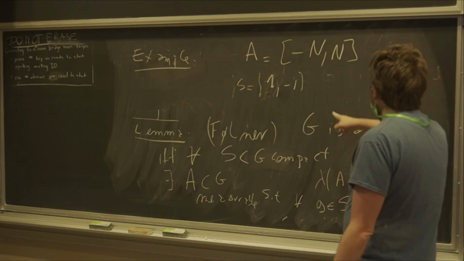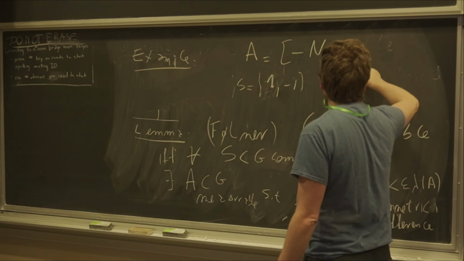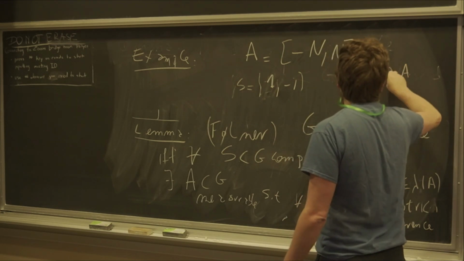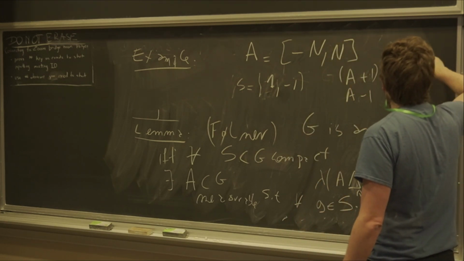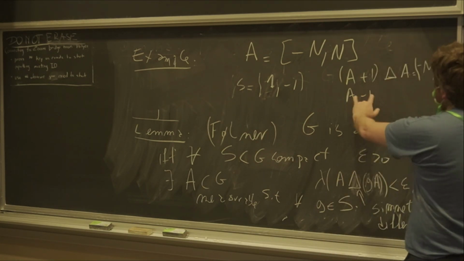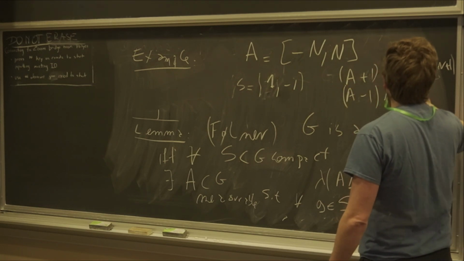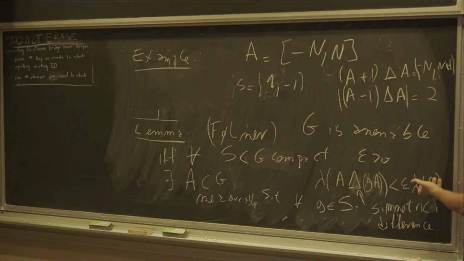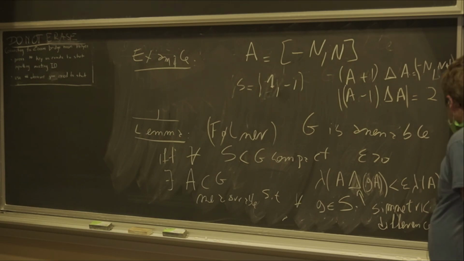And then when you are doing A plus 1 or A minus 1, when you do symmetric difference with A, you are just forgetting the minus n probably, and adding the n plus 1. And here this guy also will have 2 points, and then really you are very small with respect to the total guy. And as I said, certainly you need the lambda of A there. If not, it doesn't make sense.